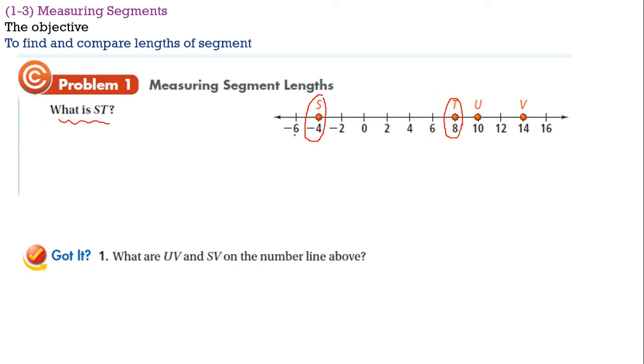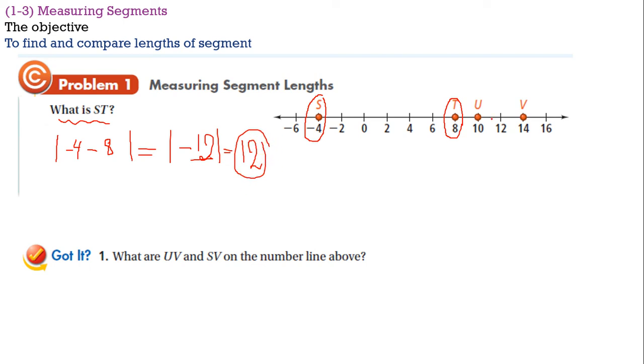Now, what am I going to do? I'm going to take the absolute value of the difference of these 2 coordinates. So -4 minus 8, I will drop the -4 as it is, minus 8, and then I will get the absolute value of -12. Then the absolute value gives you 12.